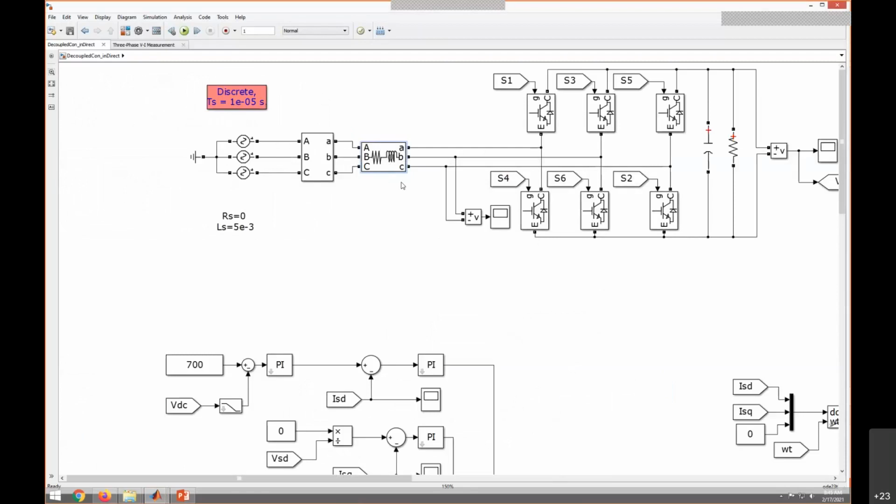Okay. So when compared to this direct method and this indirect method, the direct method gives you the best result.